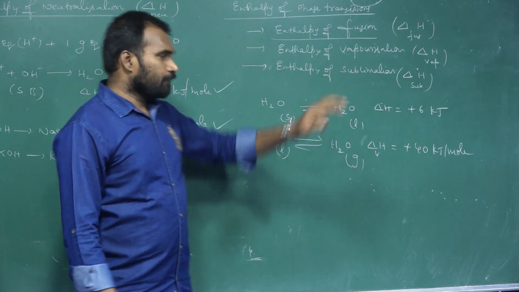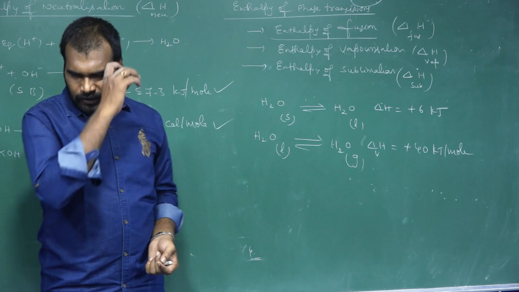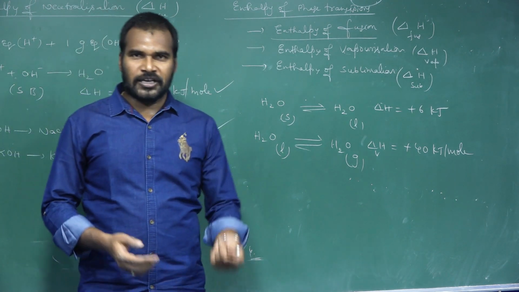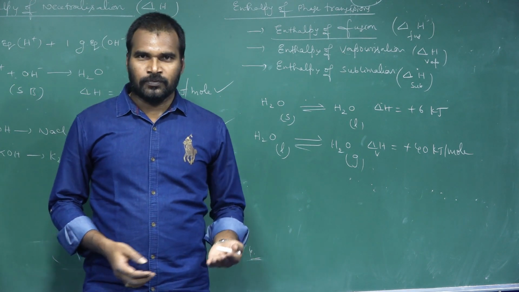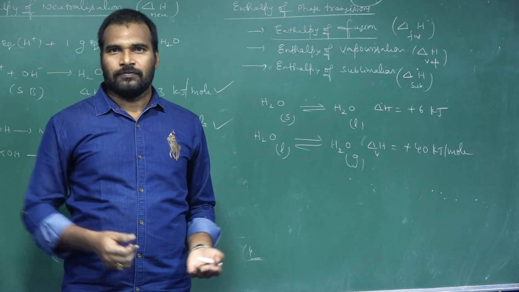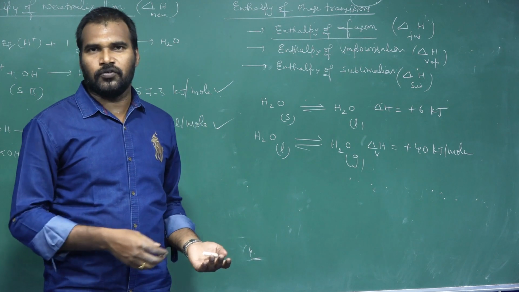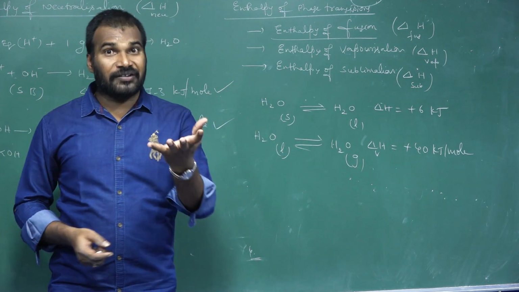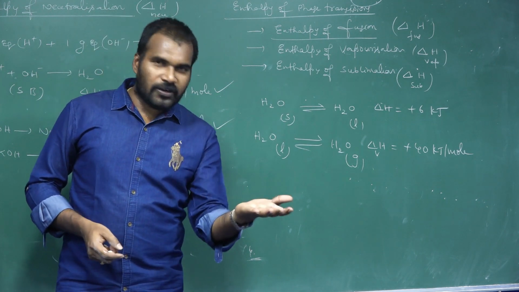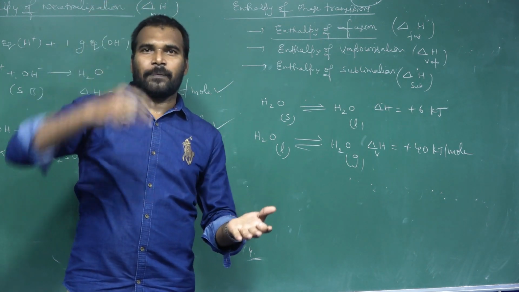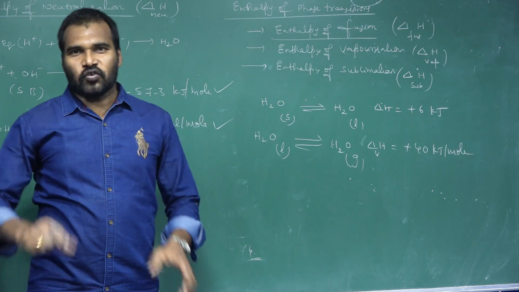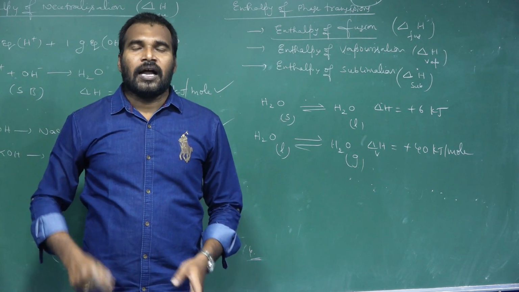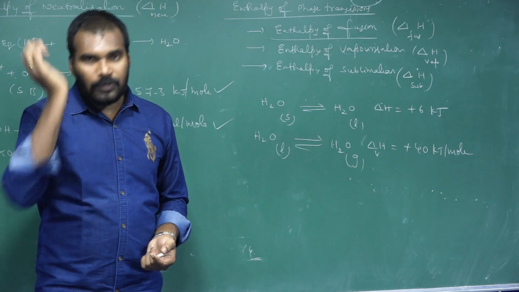Next, sublimation. What is sublimation? Take solid carbon dioxide, also called dry ice. At functions, they keep solid carbon dioxide and it comes out like fog. It seems very beautiful. If you give dry ice, the solid directly converts into vapors without an intermediate liquid, and that process we call sublimation.